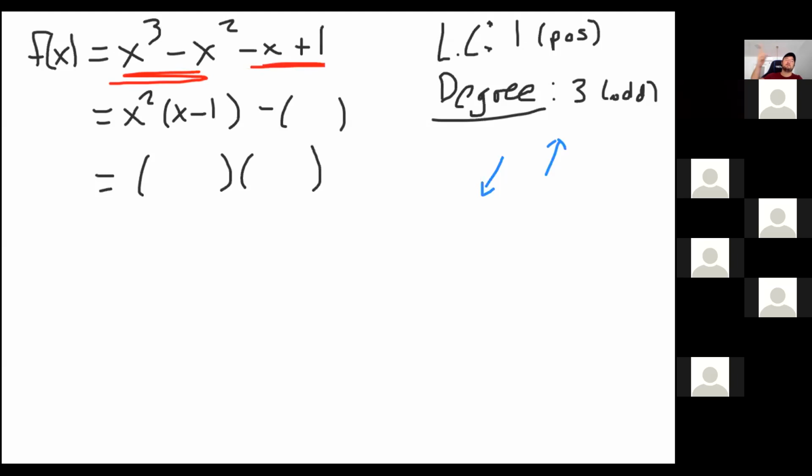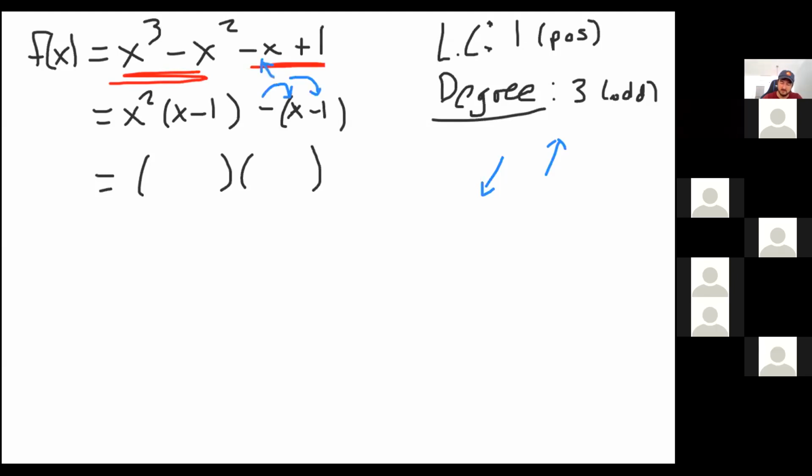So what I'll do is I'll just factor out a minus sign, and that will leave me with an x minus 1. And I know this is correct because if I distributed that minus sign back through, that'll give me that negative x, and that'll give me that positive 1. That means both of them have a common factor of x minus 1. I can factor that out, with x squared minus 1 times an x minus 1.